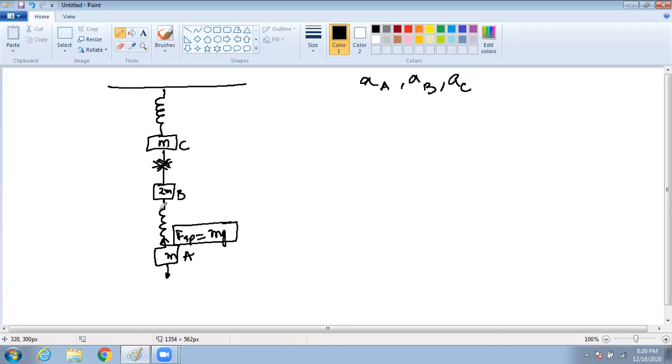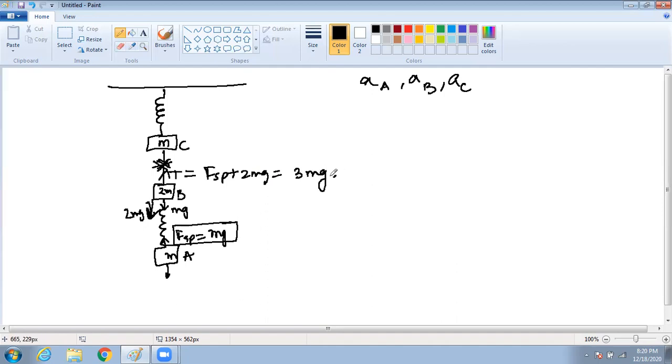I told you whenever the spring is there, the FSP will remain same. Here also FSP will be mg. It will not change. Now the downward force here is 2 mg. And here there will be a tension. Tension will be FSP plus the 2 mg. How much? 3 mg.